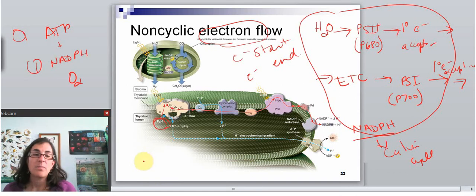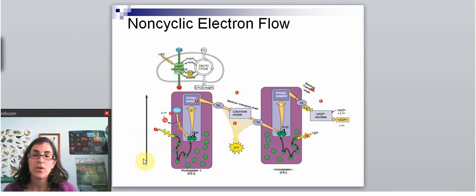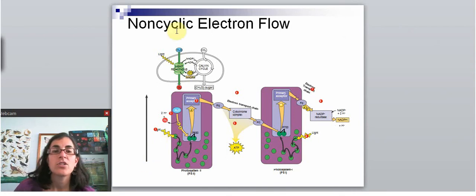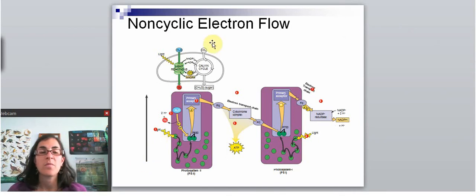So that's great, but there's a problem. Oh, hold on, I'm getting ahead of myself. This is just another figure about non-cyclic electron flow. I like this figure. I put it on D2L just because I think it's really simple and straightforward. So here's the light harvesting complexes. They absorb the light energy. They pass that energy to P680. The electron is excited and taken away by the primary electron acceptor.